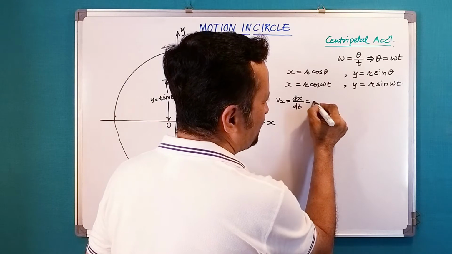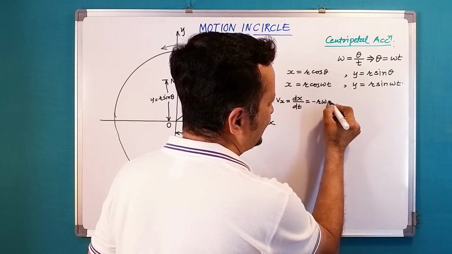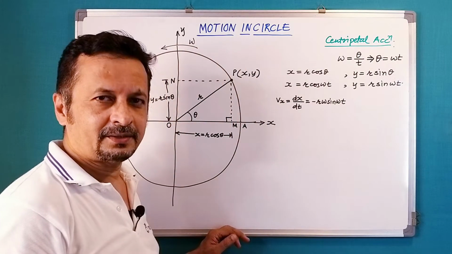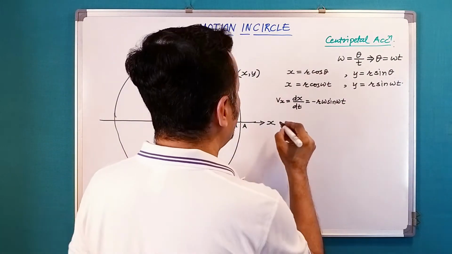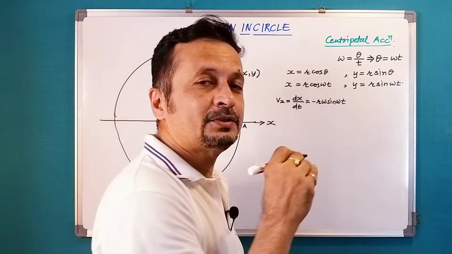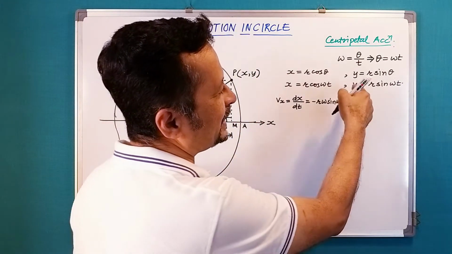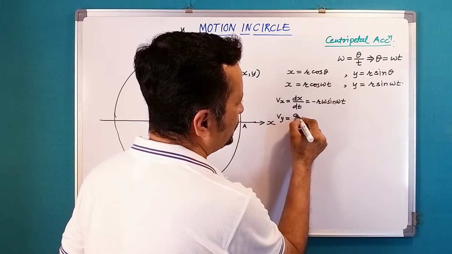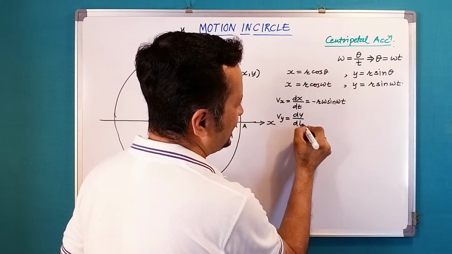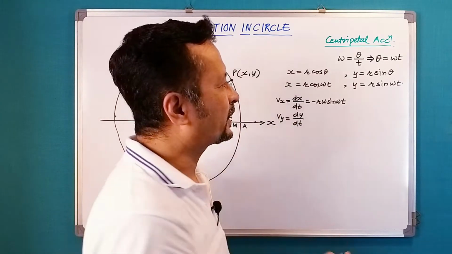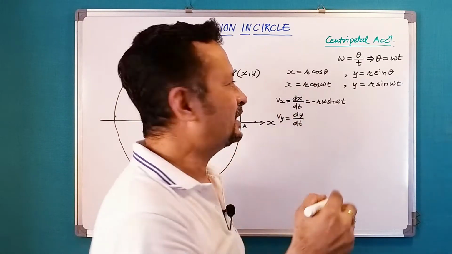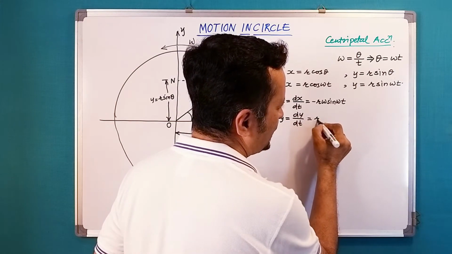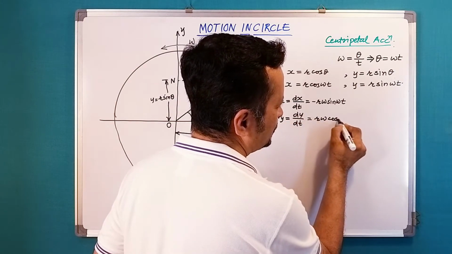So it would be minus r omega sin omega t, correct? Now my velocity along the y direction: Vy is equal to dy by dt. The derivative of sine is cos, but I still have to multiply by omega. So it would be r omega cos omega t, correct?